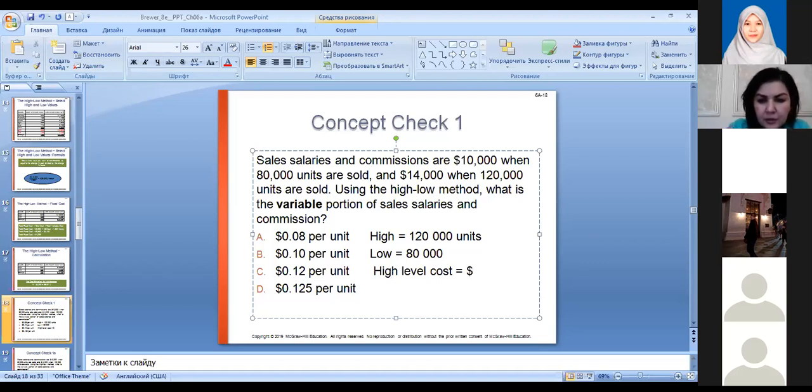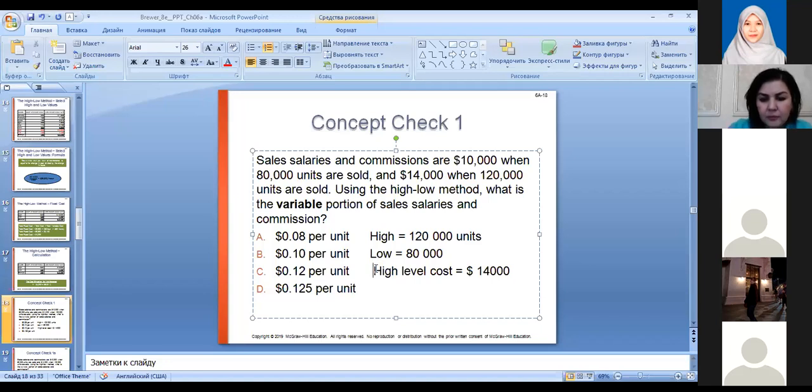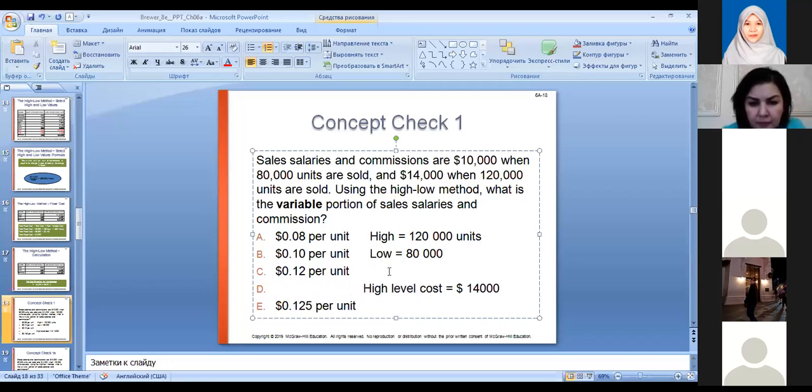Yes, 14,000. Okay, what is the difference or change in units here? 40,000.